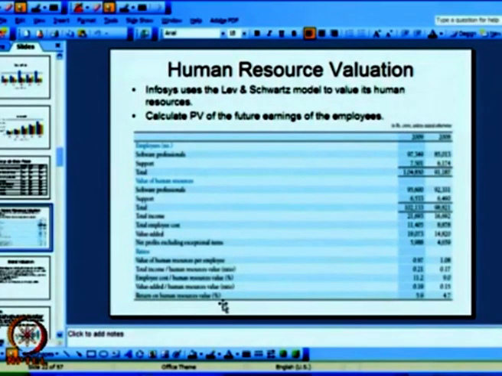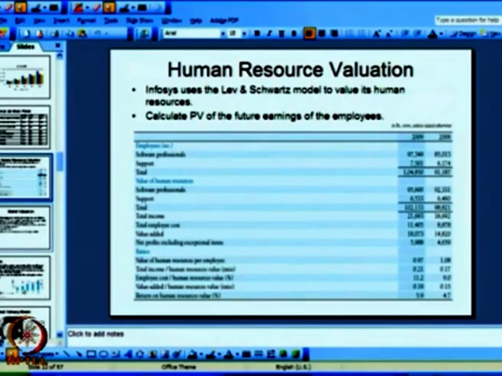Just to give you one idea, what is the return on human resources value in percentage? In 2008 it was 4.7, in 2009 it was 5.9. Every figure is reported in rupees crores. So, this is the percentage which you are really getting. So, if you see, there has been a steady increase in the return on human resources value also.